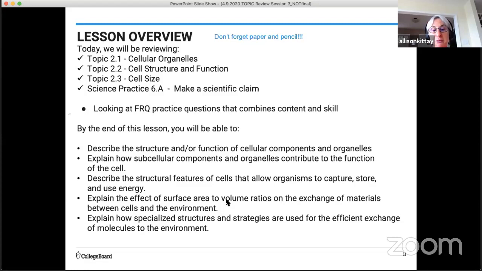You should be able to explain the effect of surface area to volume ratios on the exchange of materials between cells and the environment. And you should be able to explain how specialized structures and strategies are used for the efficient exchange of molecules with the environment.